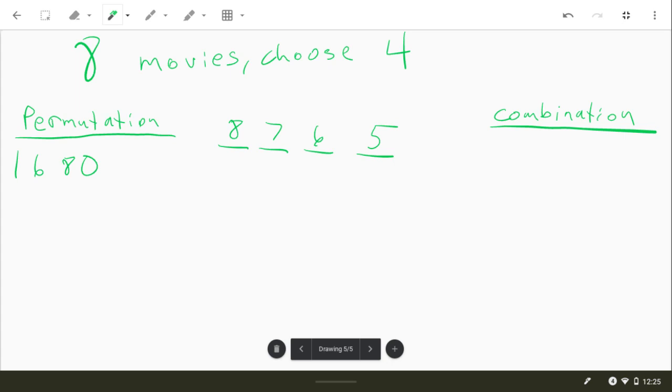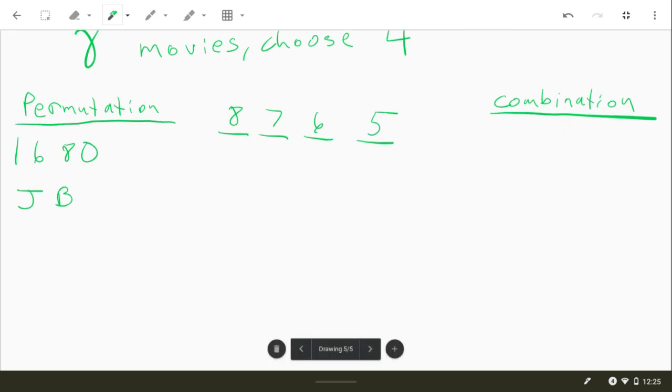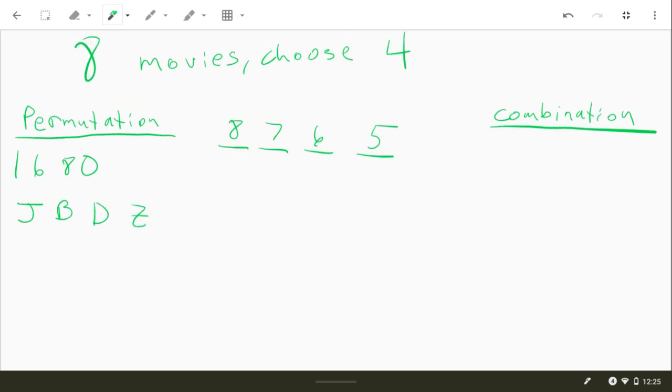But if you're just considering the combinations, it's going to be a smaller number here. For instance, let's look at that. I said Jaws, Broken Arrow, Die Hard, and Zootopia. So if you were looking at permutations, JBDZ would be different than JDBZ, or ZBDJ.